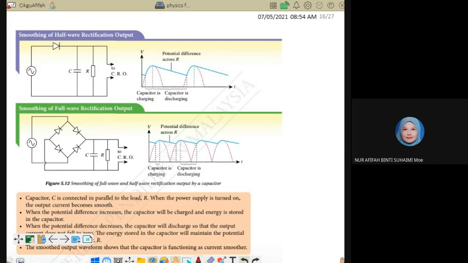Tengok, ini saya cari tadi. Capacitor dia 2 kaki sama dengan LED. Lambat pula.